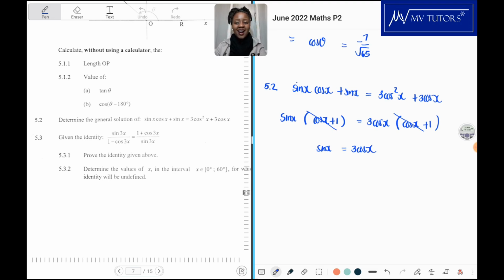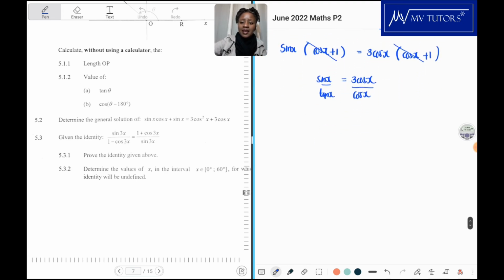Like I said, I can't have both sine x and cos x. So I remember my identity that tan of an angle is equal to sine of an angle over cos of an angle. So I'm going to divide both sides by cos x so that I can get tan x. So I have sine x over cos x, and I'm left with tan x being equal to 3.